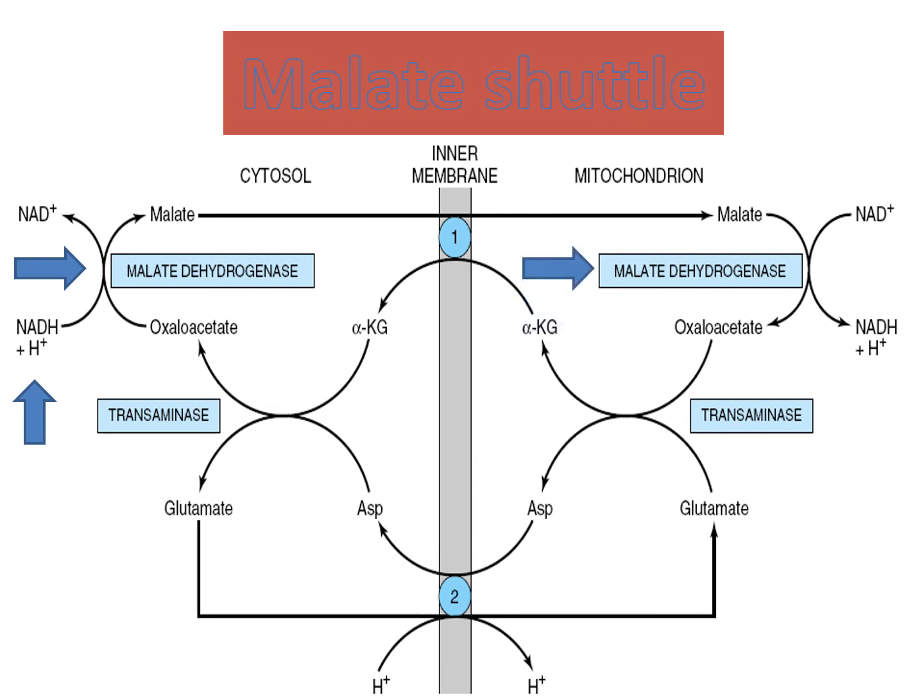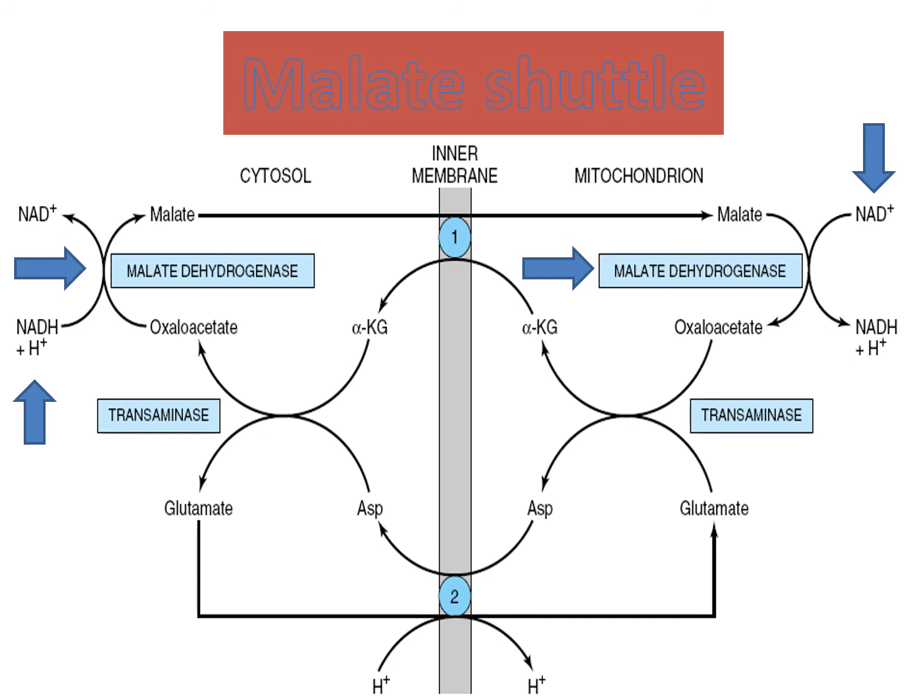Inside the mitochondria, the malate will be converted back into oxaloacetate by the enzyme malate dehydrogenase, the same enzyme, an isoenzyme. This enzyme uses NAD as coenzyme.